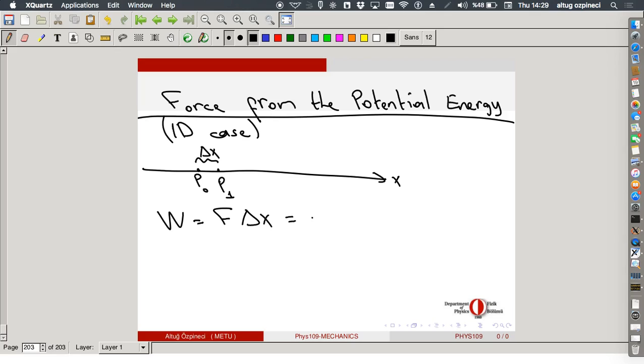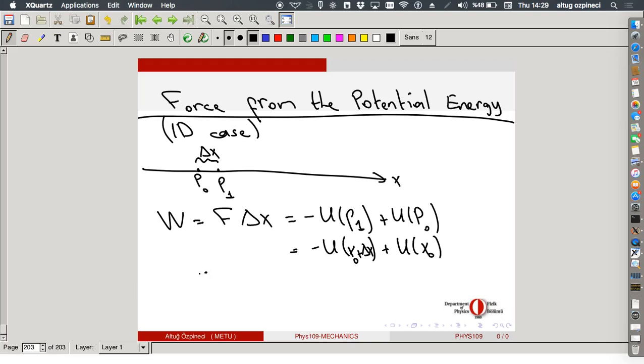But the force is nothing but minus u of P1 plus u of P0. Now, P0, let's say, is at the point x0, that's the coordinate of P0. P1 is at the point x0 plus delta x. Now from this one, I can solve for the force.